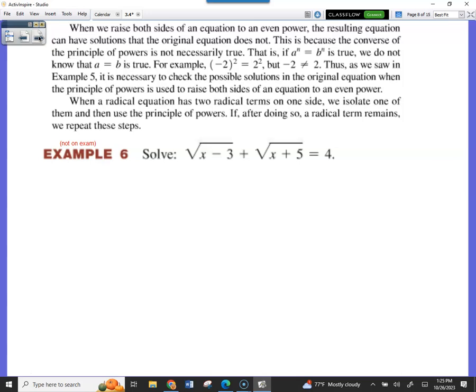I moved the square root of x plus 5 because I see the plus sign and I can subtract it from both sides. So now I have the square root of x minus 3 equals 4 minus the square root of x plus 5. You don't have to write this down. You can respectfully tune me out if you want to.